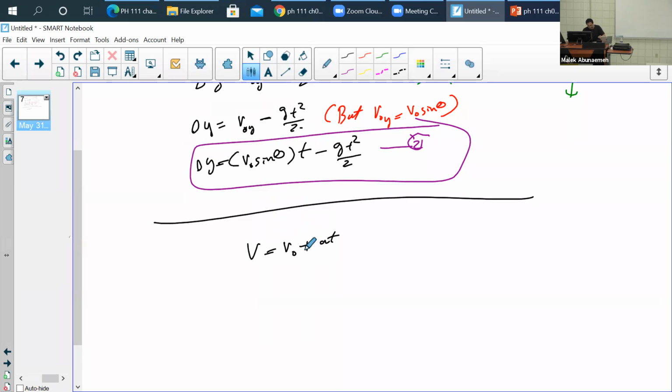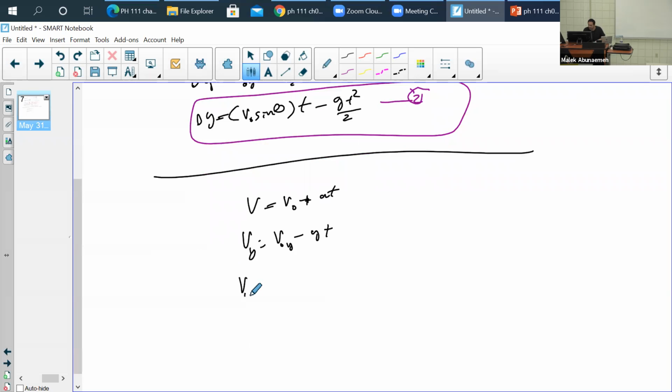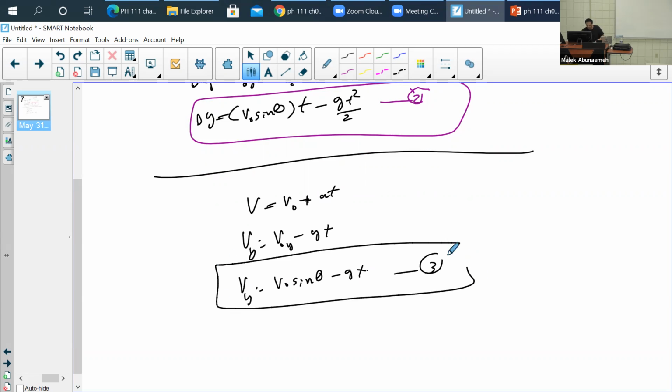In this case, because we're talking about vertical motion, your v in the y direction final is going to equal your initial velocity in the y direction, which is v naught sine theta, minus g t. Again, your acceleration is your gravity. So v y equals v naught sine theta minus g t. Let's call that equation 3.